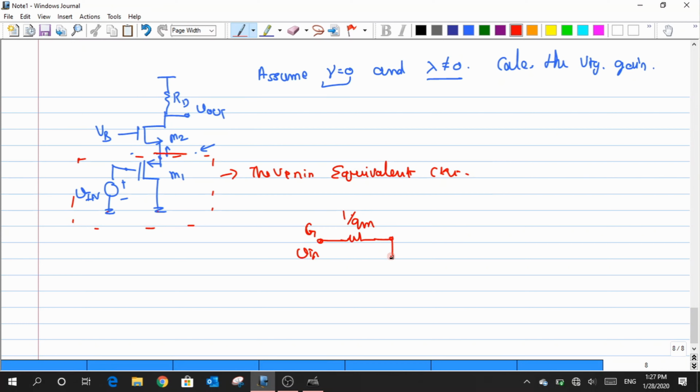What other resistance do we have? R naught. R naught falls across the source and the drain, which is basically connected to the ground. So I just connect it here, and even my 1 by GmB also falls in parallel.